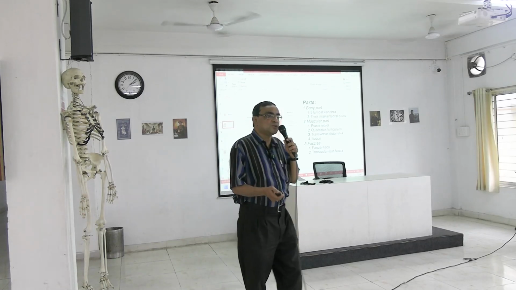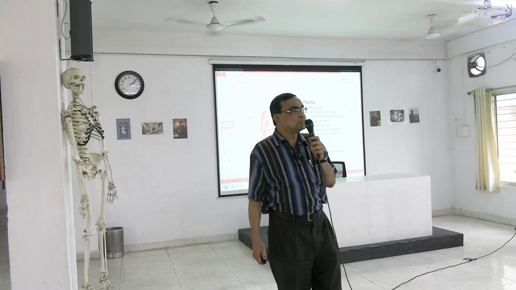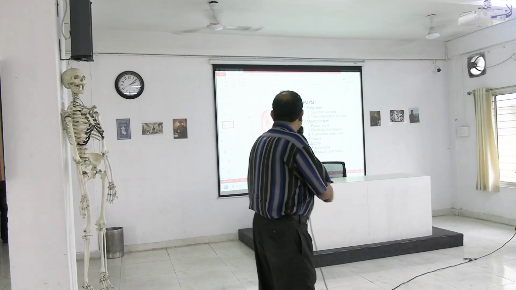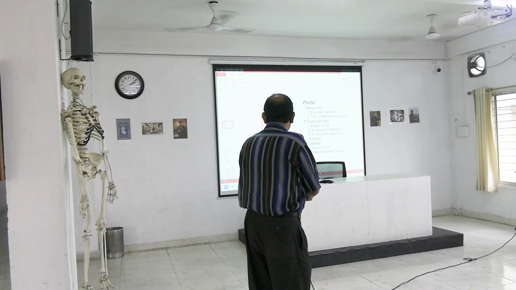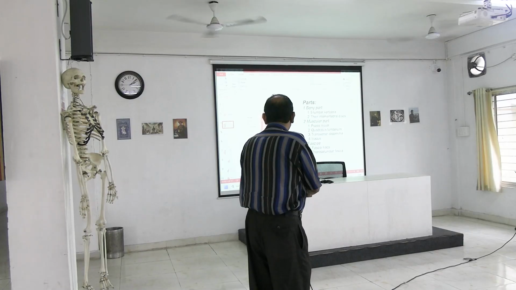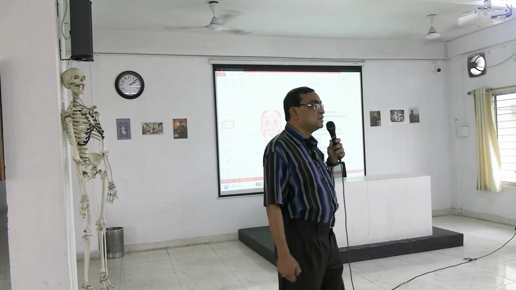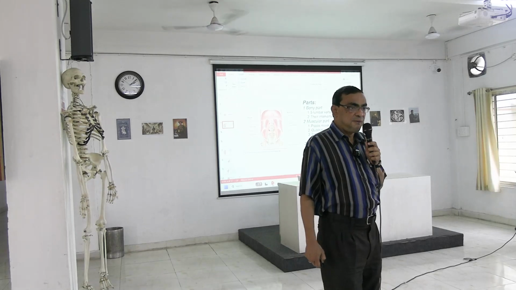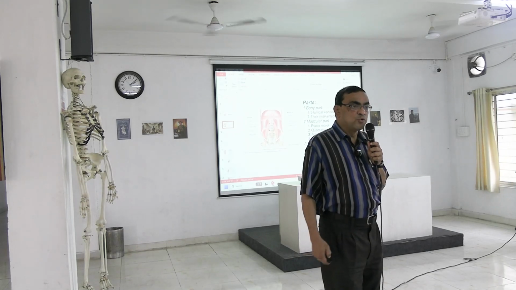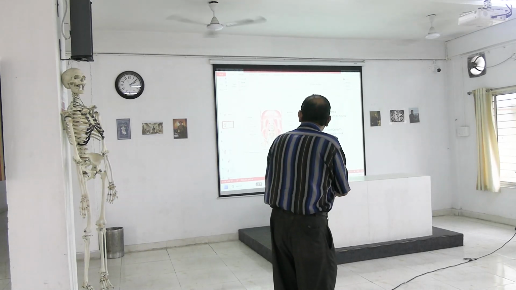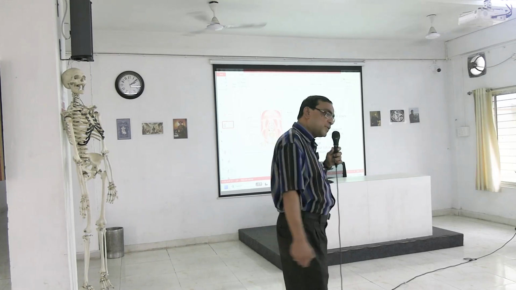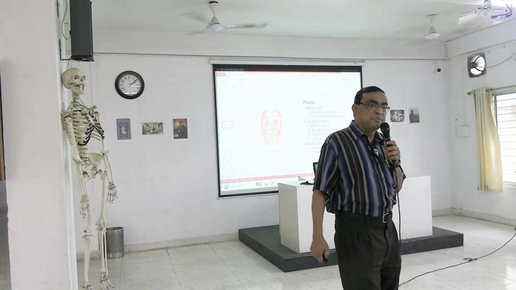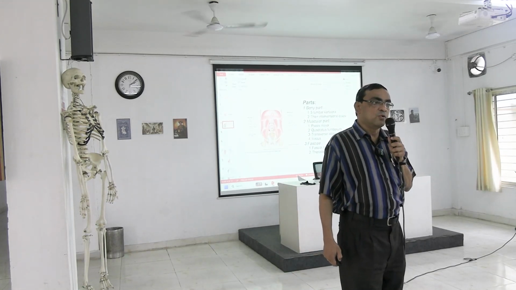What I want to impress on your mind is the psoas sheath. The sheath which covers this muscle is thickened above and forms this medial arcuate ligament, through which we can communicate with the thorax, more precisely the posterior mediastinum of the thorax.